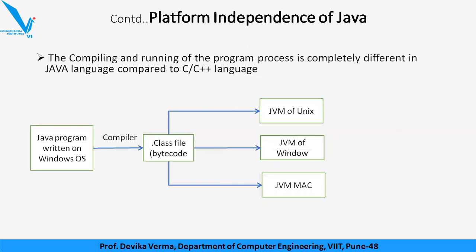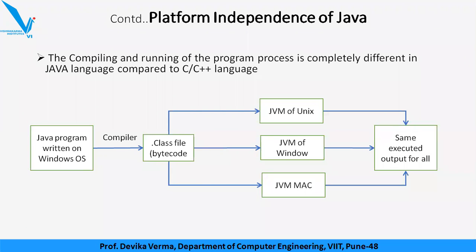And then this bytecode can run on Unix, Windows, Mac, and any other architecture, and the output generated is the same for all. So there will be a JVM, Java virtual machine, on Unix, on Windows, and on Mac.